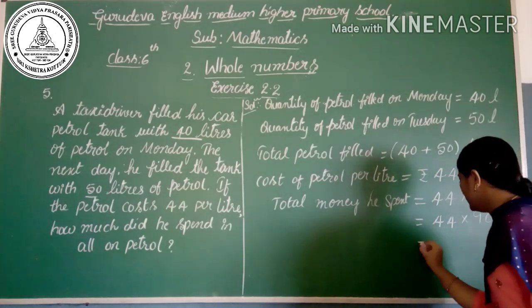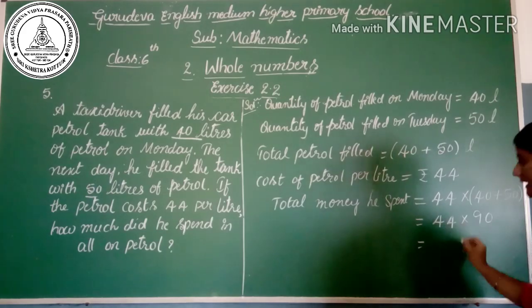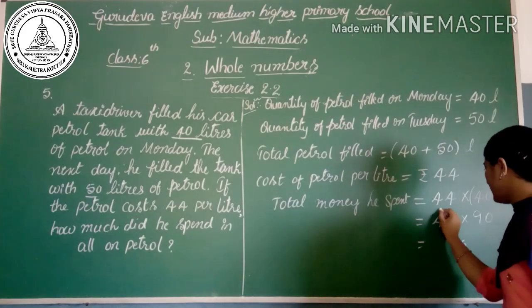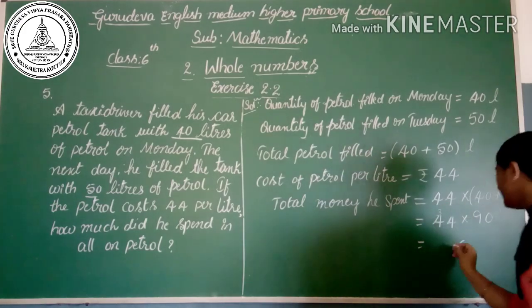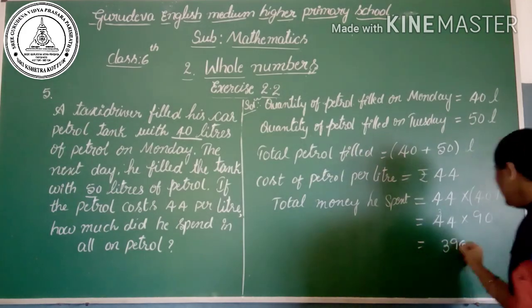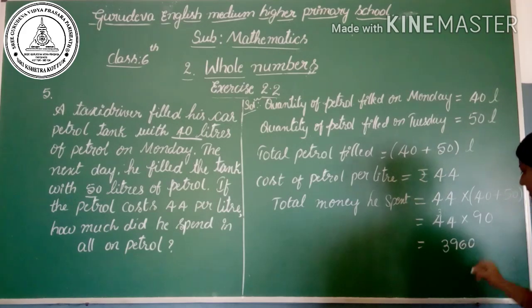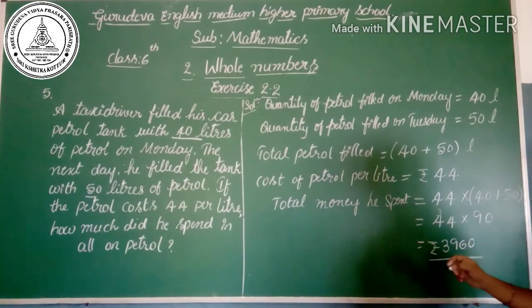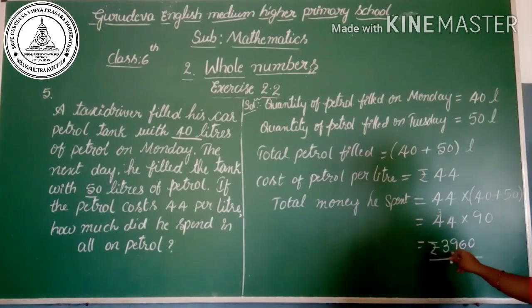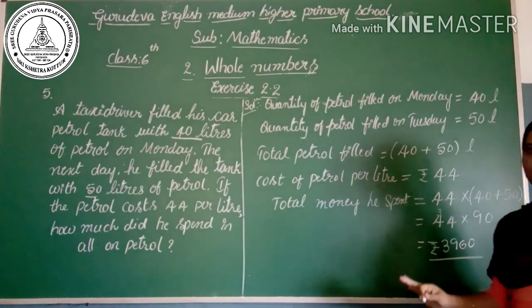Then multiply here: 9 4 ja 36, 6 here, we carry. 9 4 ja 36, 36 plus 3 is 39. I left to multiply 0, add 0 at last. So total money he spent in all on petrol is 3,960 rupees. Okay, is it clear?